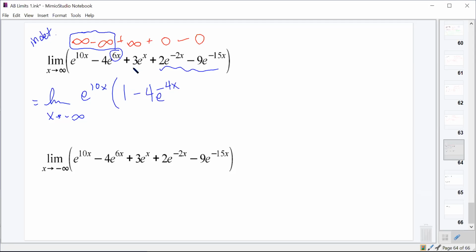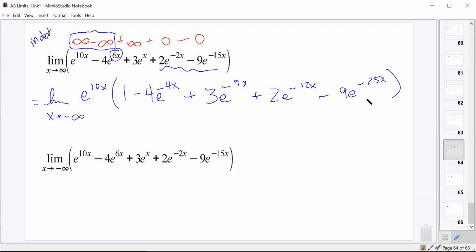And what about if I take it out of the 3 e to the x? That should leave you with plus 3 e to the negative 9x. And then the 2e to the negative 2x ought to become plus 2e to the negative 12x, and then minus 9e to the negative 25x.